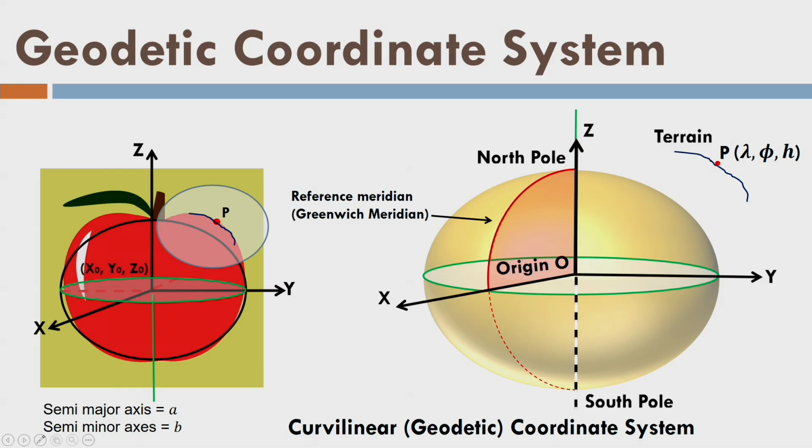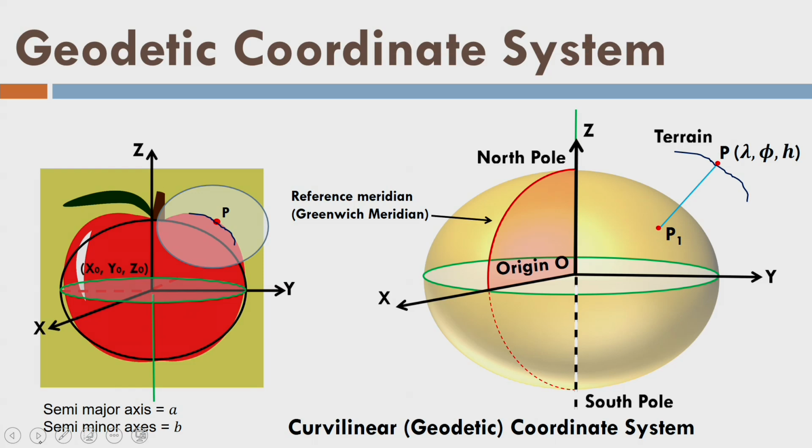Let us go to the geodetic coordinate system. What is that? Let us assume that there is the same point P and there is a geocentric system, and the geocentric system has origin O, which is the geocenter. Let us drop a perpendicular from point P to the ellipsoidal surface.